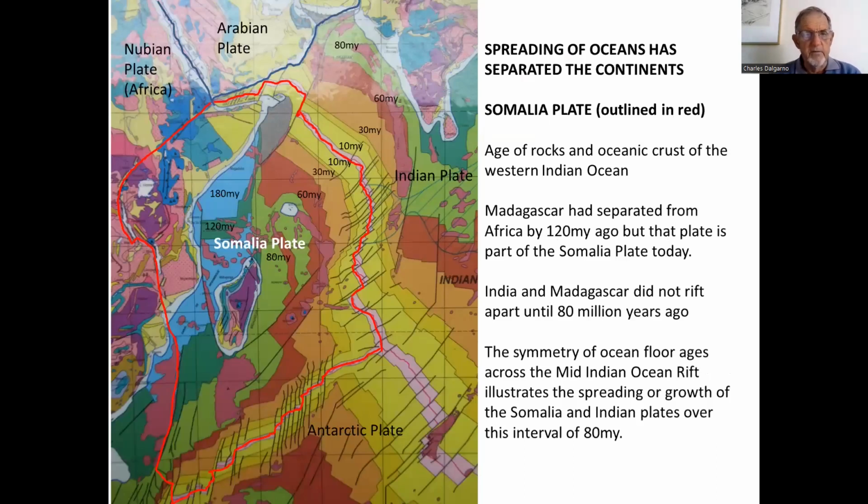This is a very colourful rendition of the modern situation. This is a modern geological or tectonic map showing the ages when rocks were formed. And this shows the Somali Plate, surrounded again by a red line. The entire plate is visible here.